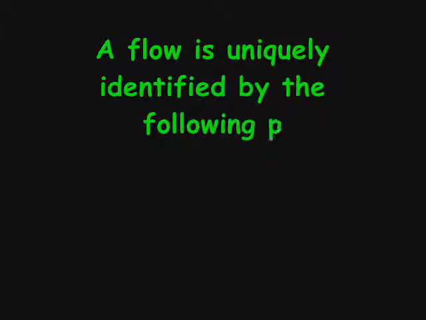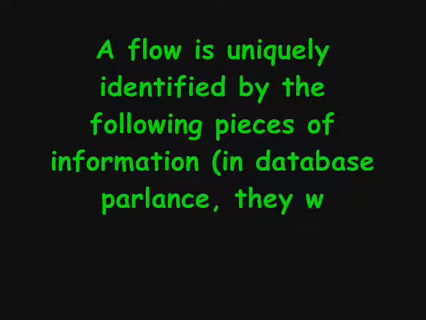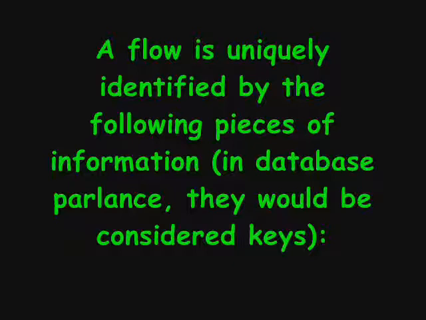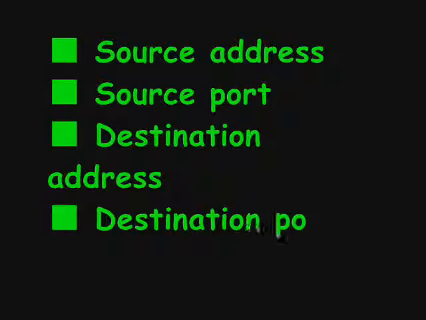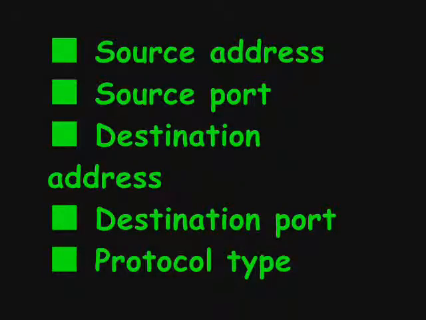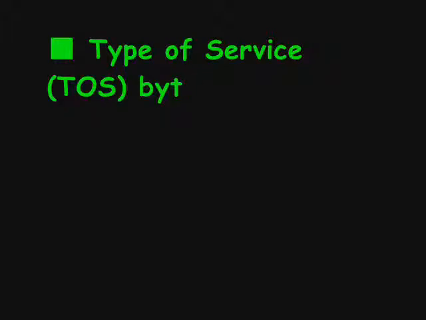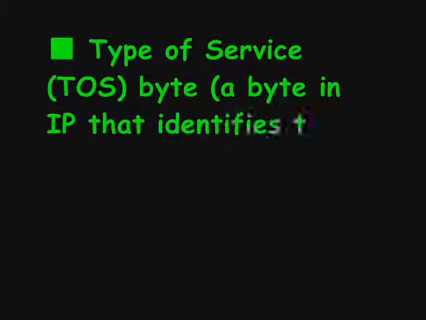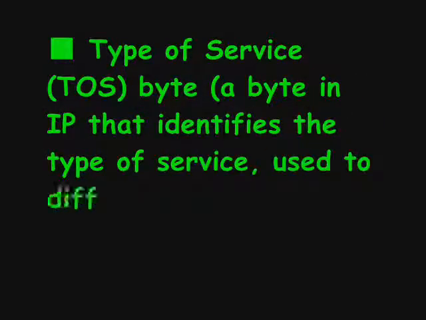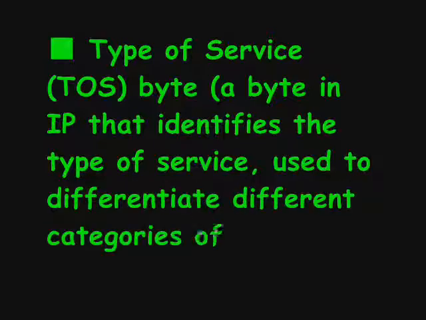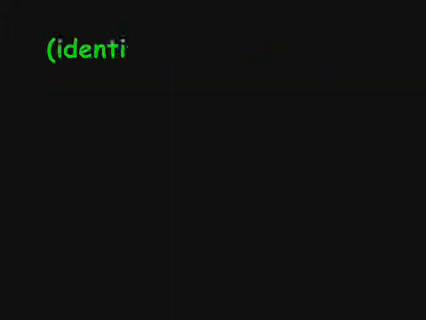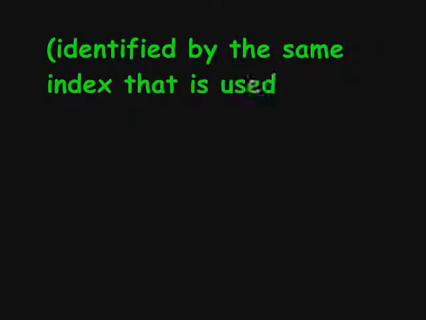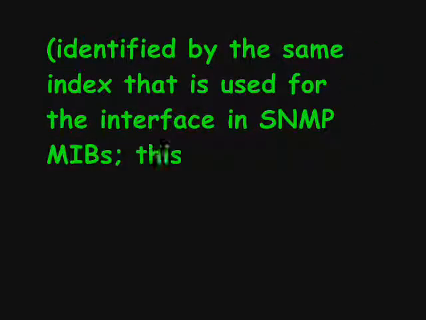A flow is uniquely identified by the following pieces of information. In database parlance, they would be considered keys: source address, source port, destination address, destination port, protocol type, type of service or TOS byte, a byte in IP that identifies the type of service used to differentiate different categories of traffic, and input logical interface, identified by the same index that is used for the interface in SNMP MIBs.